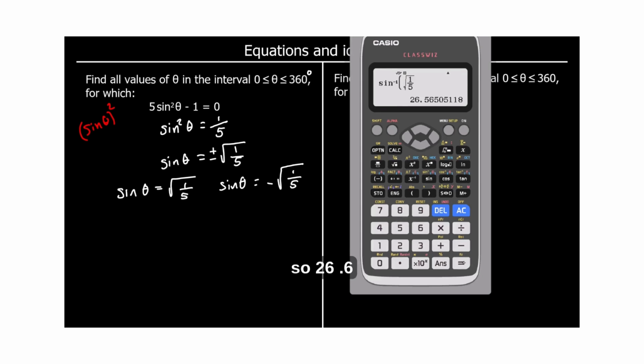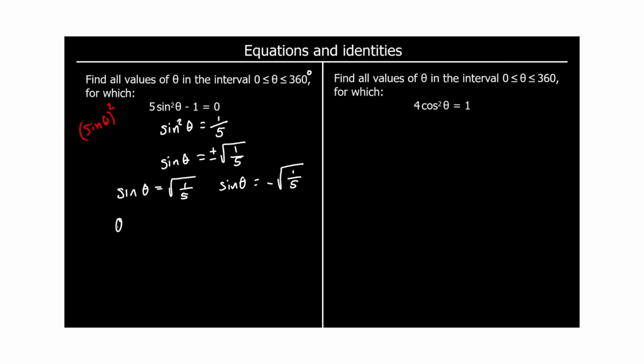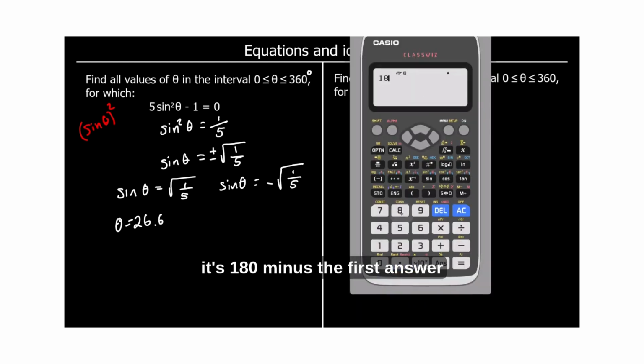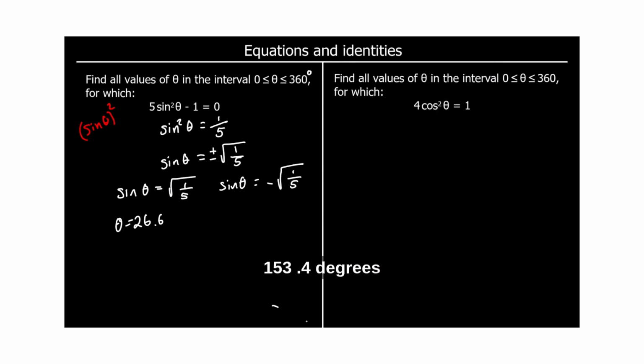So 26.6 is our first answer there. With sine, to get the second answer, it's 180 minus the first answer, 153.4 degrees.